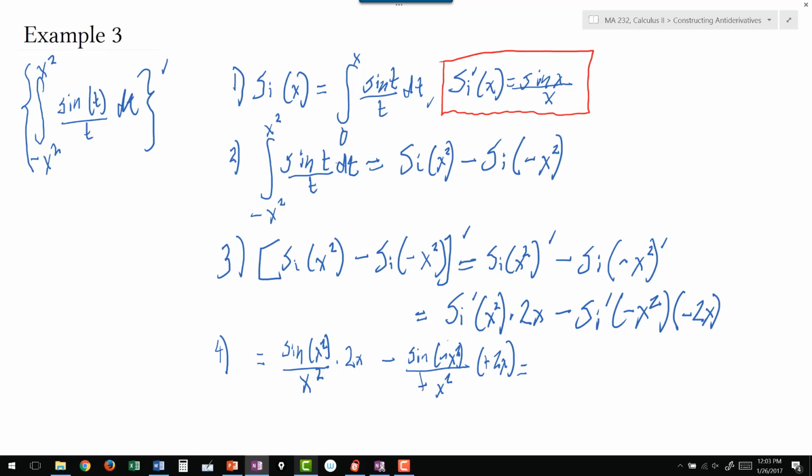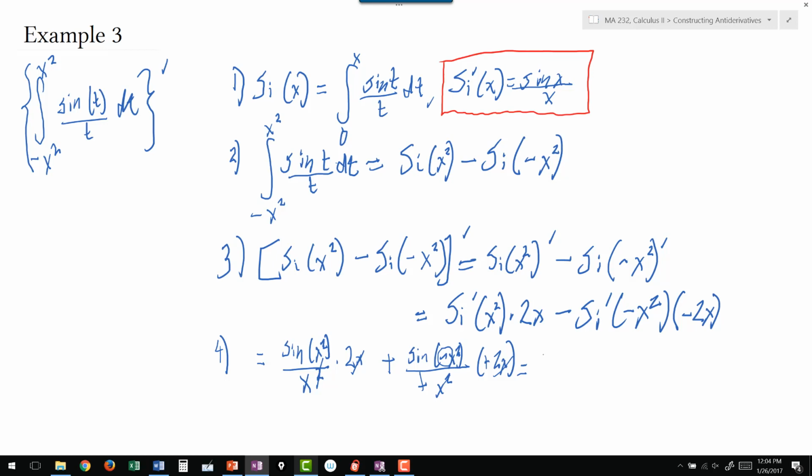Cancel those two. Since sine is an odd function, I can pull this minus sign out front and it'll cancel. And then I can cancel x's in both cases. Here, here, here, here.